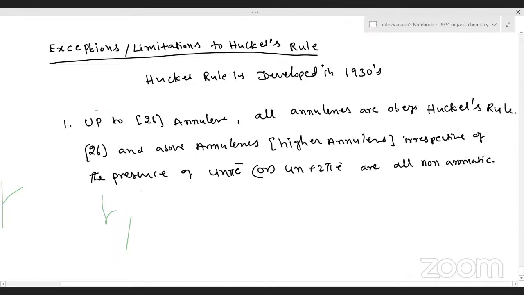They do not show aromatic properties. This is not explained by Hückel.